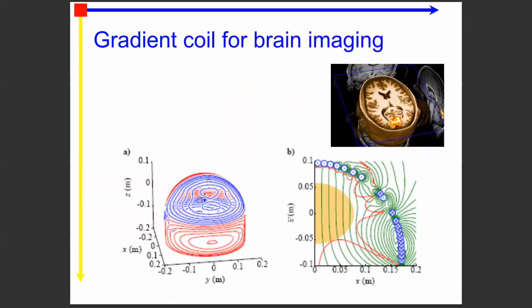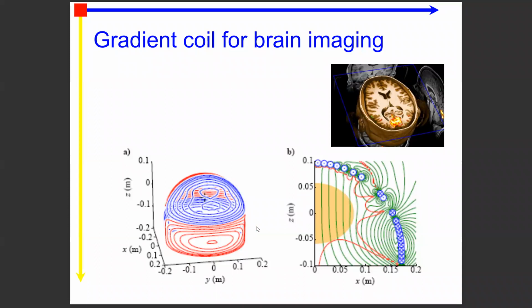Here is another example of a more efficient coil structure, also obtained by, let's say, conjugate gradient method optimization. You can obtain the stream function, well, the current distributions, and then discretize into current loops and such. But what's unique about this is that you have now optimized to have a structure conformal to the head geometry, and it also consumes a smaller volume of space.